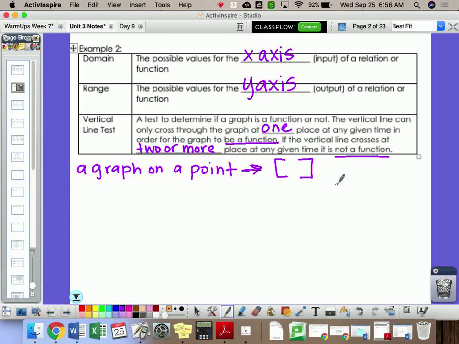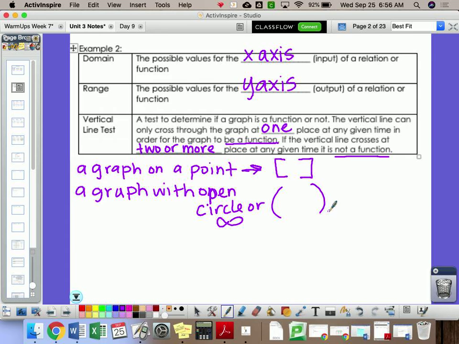So brackets with those very sharp corners. If we have a graph with an open circle, or it's going to infinity, we will use parentheses. Okay, so write that somewhere on your paper. If you need to write it below your graphs, you could do that.